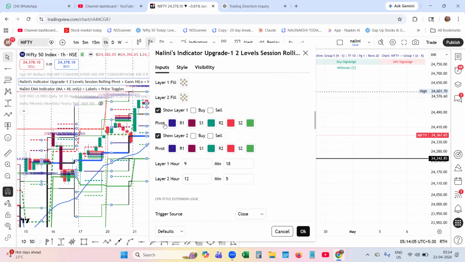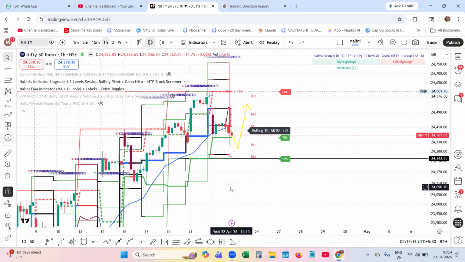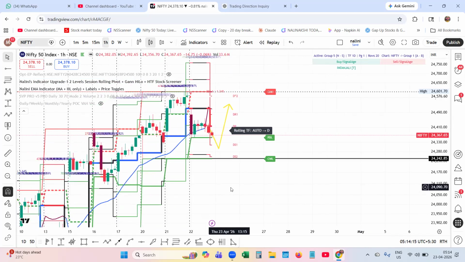That is especially for intraday references. So now I have disabled layer 1 and layer 2, and we are purely on this one.